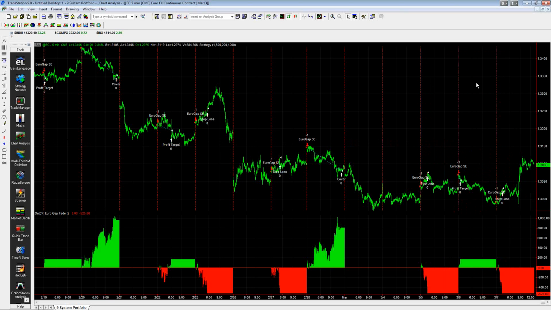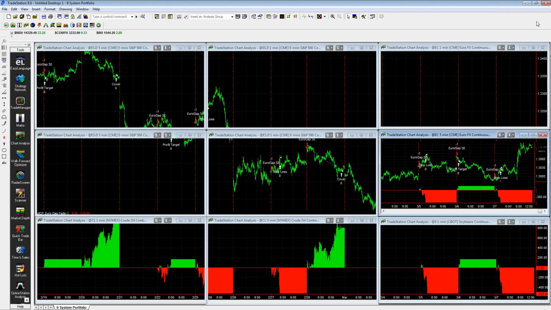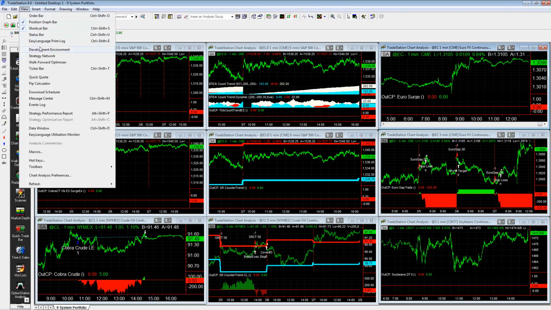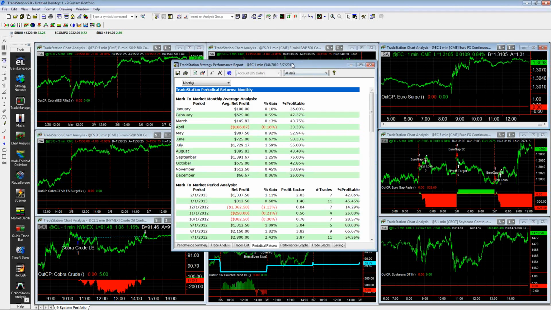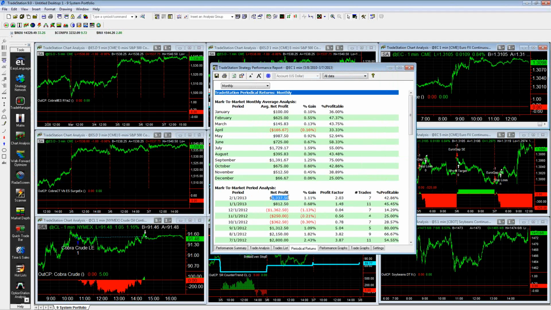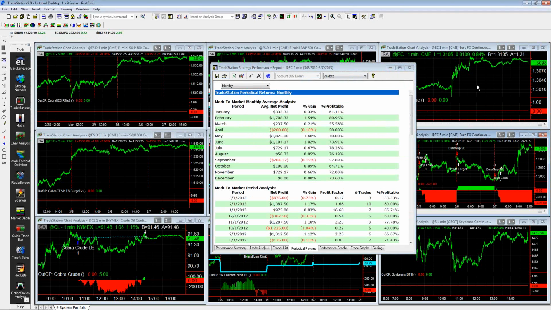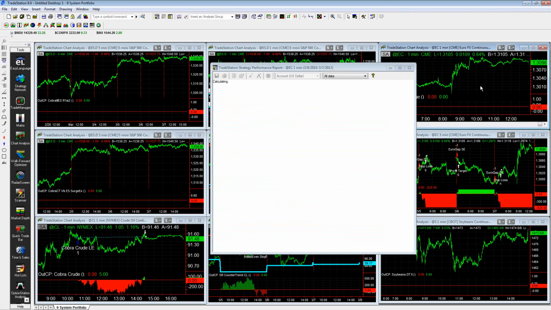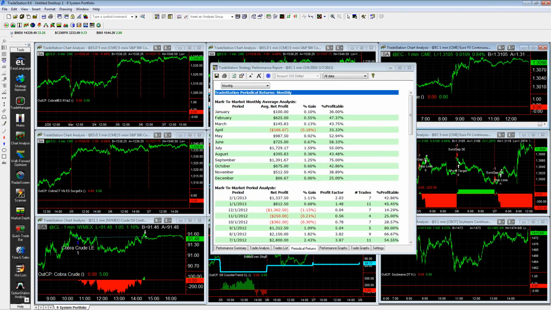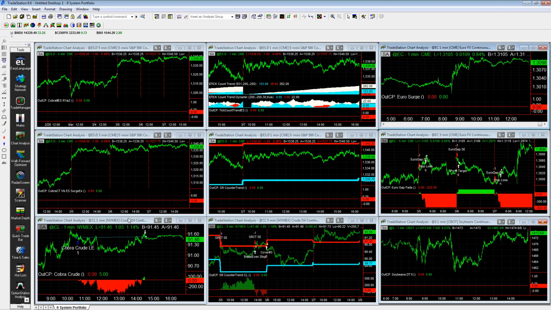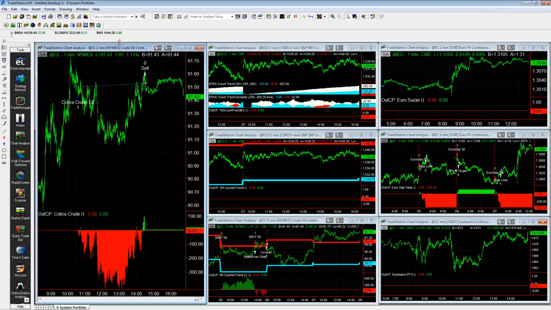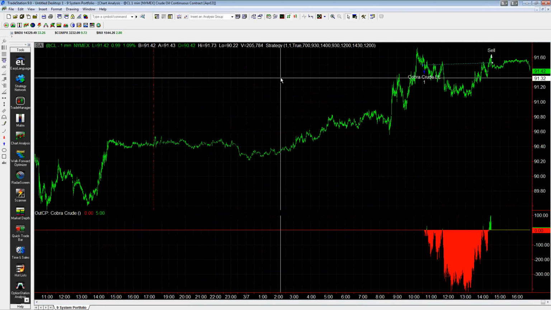So it's a cyclical nature. And then on the year for euro surge, 1337.50 last month, and so the 2 euro systems did really well last month and are responsible for most of the profits last month. Now we're going to take a look at crude oil, Cobra Crude Oil.